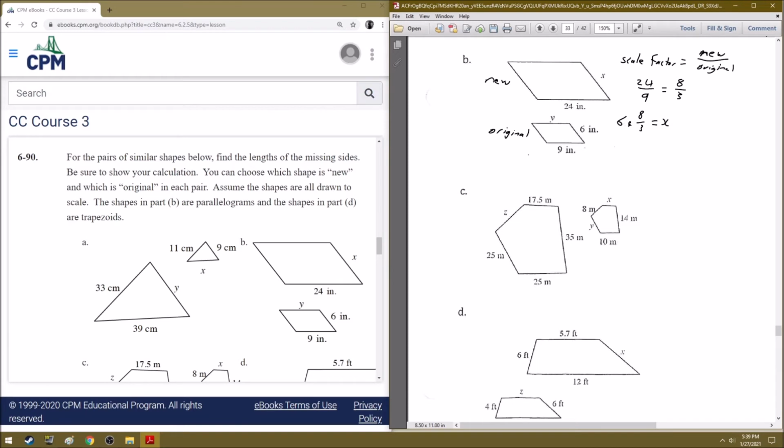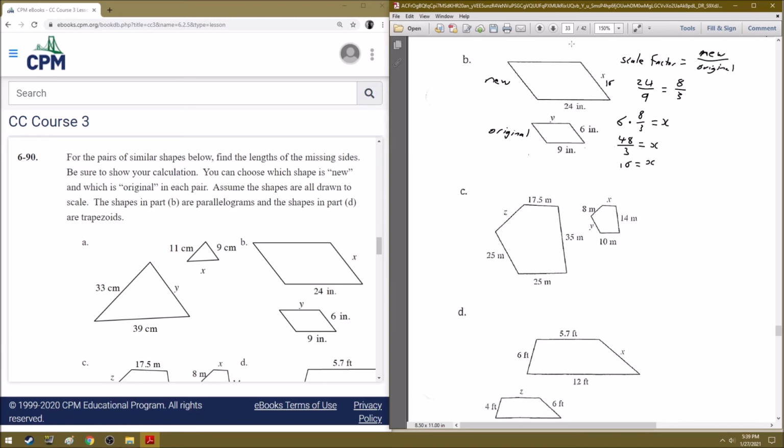So we can do it step by step. So 6 multiplied by 8 is going to be 48, and that will be over 3. That equals x. And we can simplify this fraction to get 16. That's what x equals. So I'm going to write 16 right here by the x.